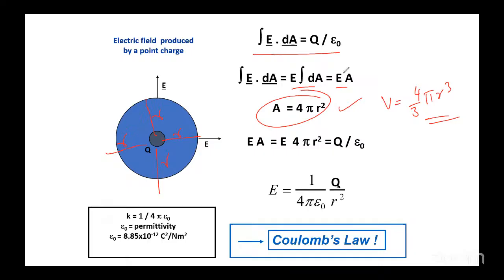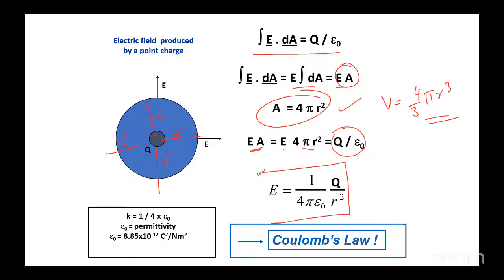So here, in place of E dot A, we put 4 pi r square, which equals, according to Gauss law, Q by epsilon naught. So if 4 pi r square goes to the right side, we have E equals 1 by 4 pi epsilon naught into Q by r square.